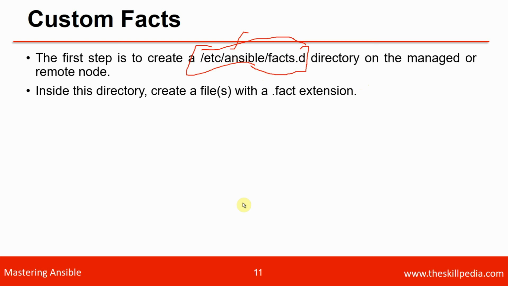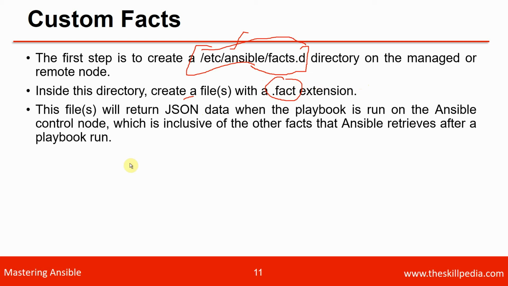Inside this directory, create a file or files with the .fact extension, that is fact. This file or files should return, not will return, I must say, should return JSON data with those data types as I discussed, that is a dictionary or list or unsafe text.